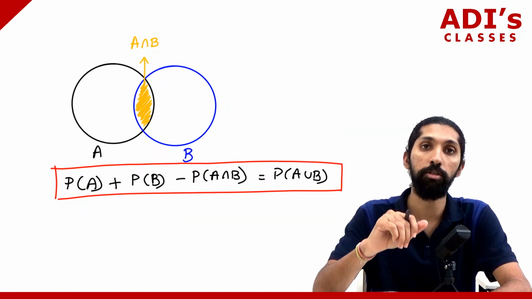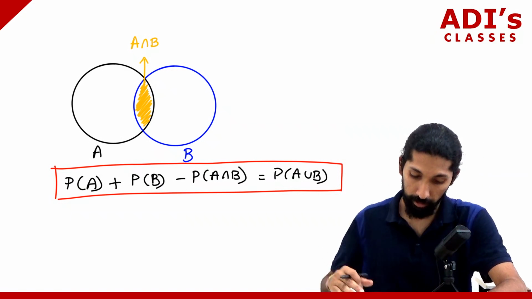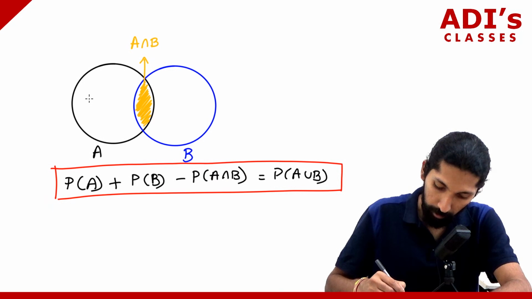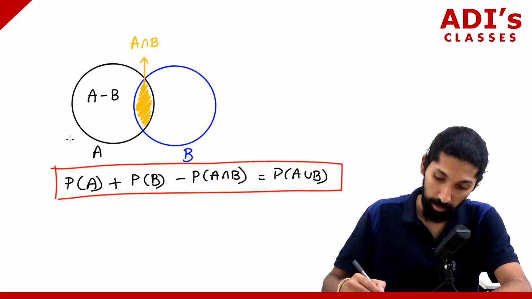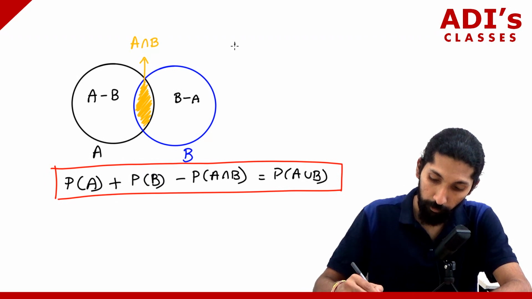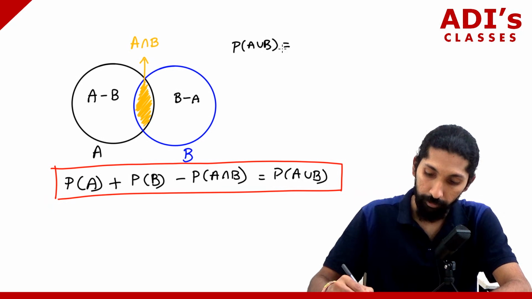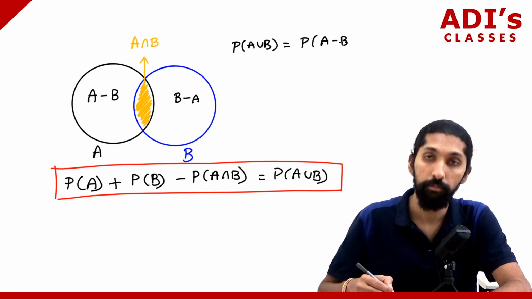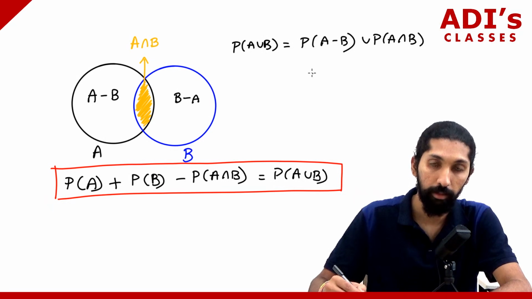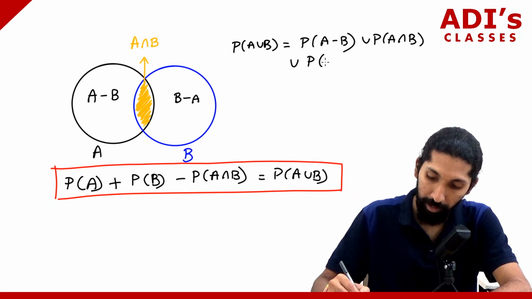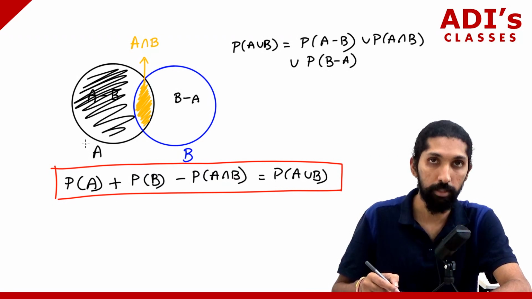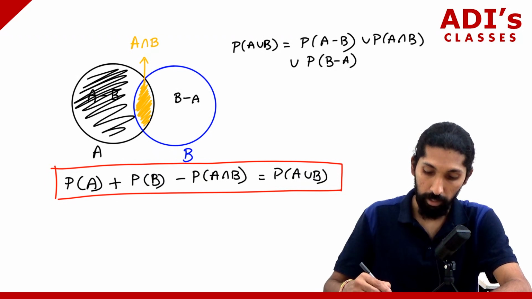The same thing we can also do in another way. If you look at this, this is nothing but A minus B, correct? And this is nothing but B minus A. So we can also write P of A union B is equal to P of A minus B, union P of A intersection B, union P of B minus A. That is nothing but this first part, the intersection part obviously, and this part.